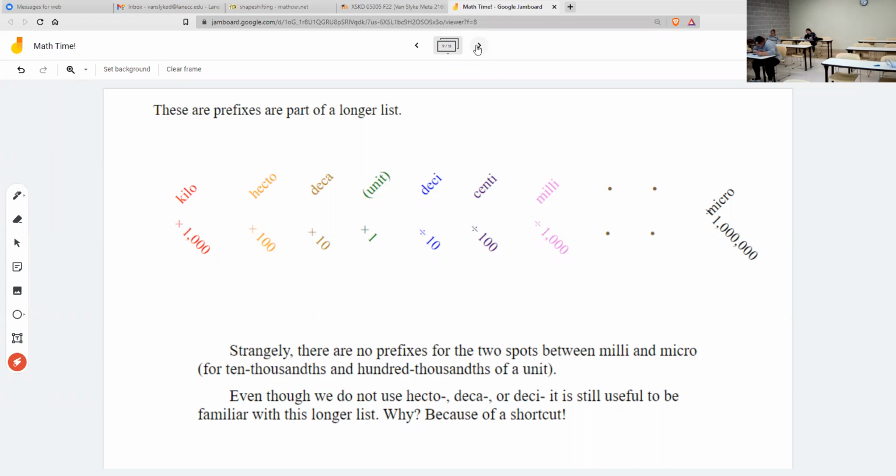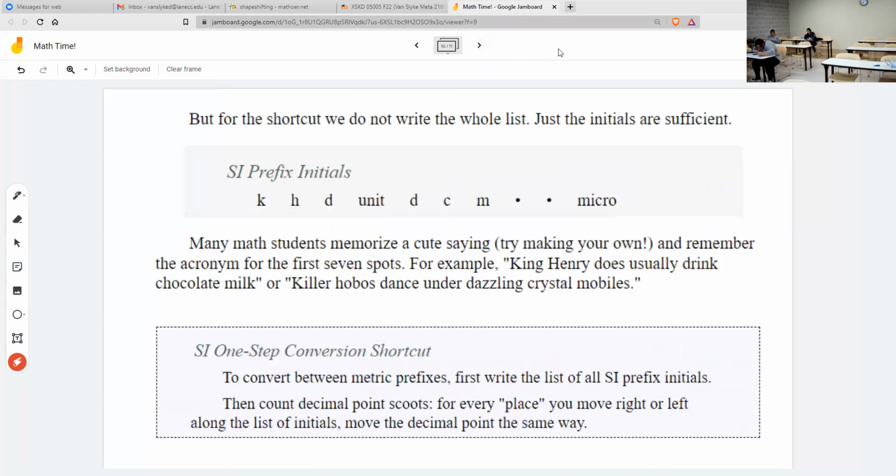So we don't use all of these place values, but that list is useful because of a shortcut. So now I can show you the shortcut because you have seen the whole list. But we don't actually care about hecto. We just care that it's part of the list. So what we're going to do is replace that list with just the initials.